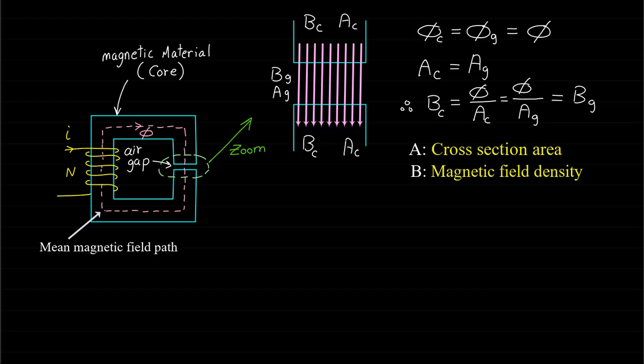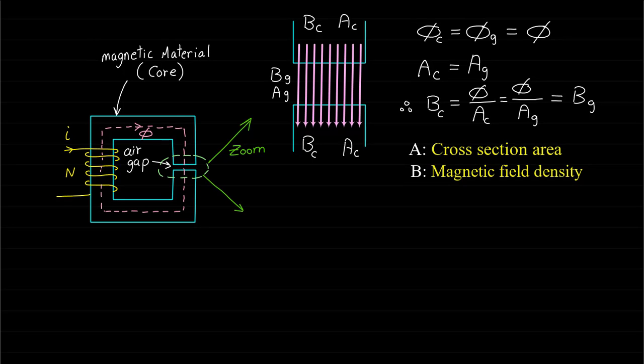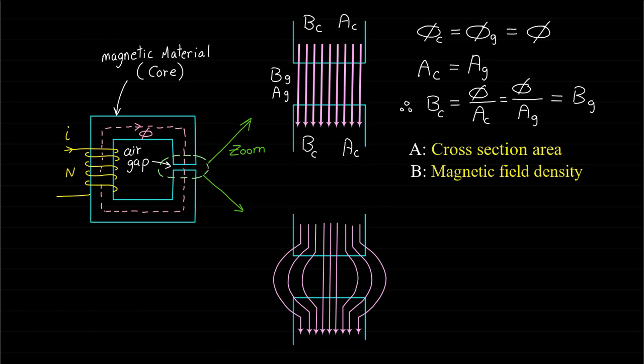In practice, the magnetic field lines phi that flow through the air gap are spread out as shown. This behavior is known as fringing of the magnetic field lines.